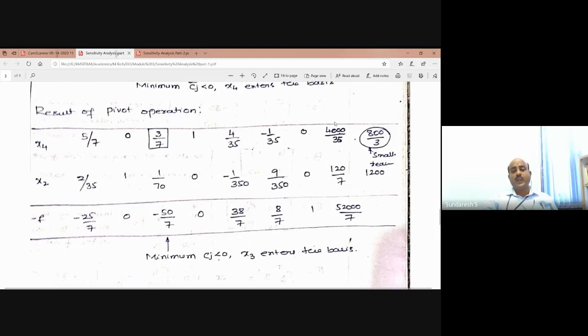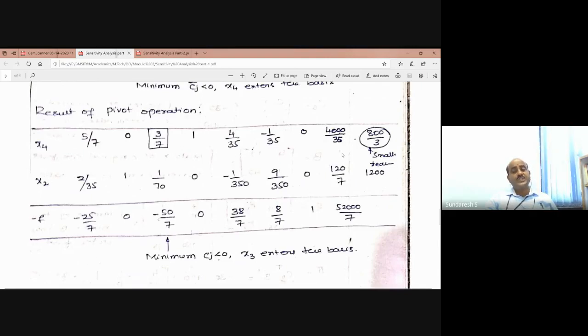Minus 50 by 7 is the minimum value, and the corresponding variable is X3, so X3 will enter the basis in the next pivot operation.